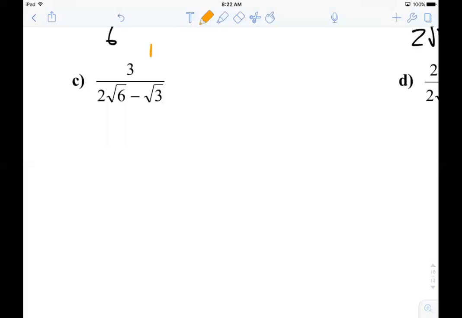I want you to recall the difference of squares rules that you've seen before. This idea that if I have something like a minus b, and I multiply it by a bracket that's sort of the opposite of that, a plus b, what that ends up multiplying out to is that difference of squares pattern, a squared minus b squared.